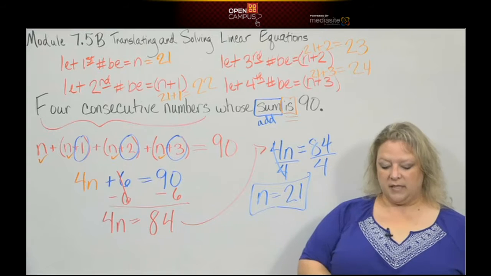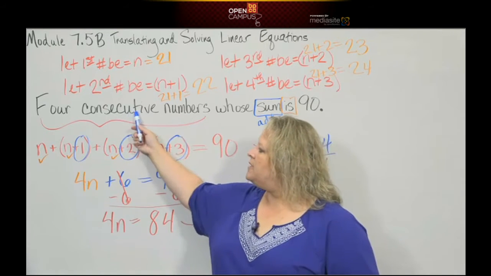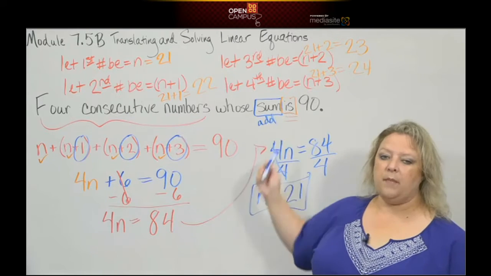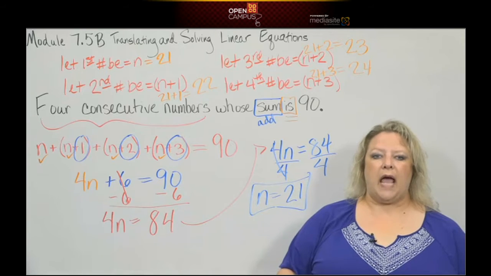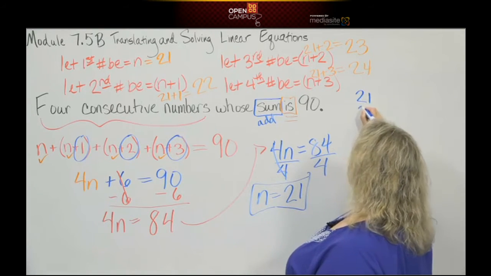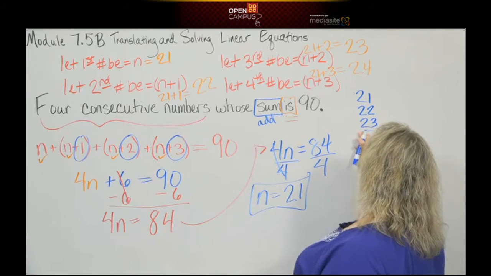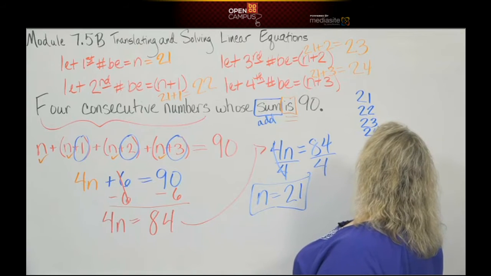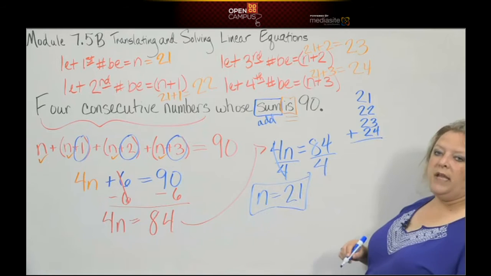How could I check myself? Well, to check yourself, it says that these numbers add, because sum means add, they add up to 90. So what could you do? You could add all the answers that you got. If I had 21 plus 22 plus 23 plus 24, and I were to add all of that together, let's see what we get, okay?